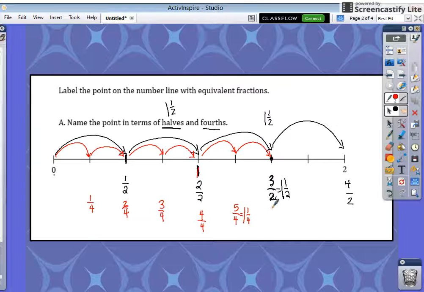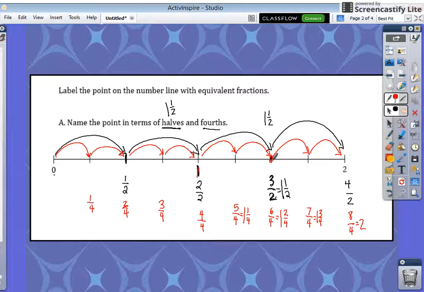Then we have 6/4, or 1 whole and 2/4. Then 7/4, which would be 1 whole and 3/4. And then 8/4, or 2.